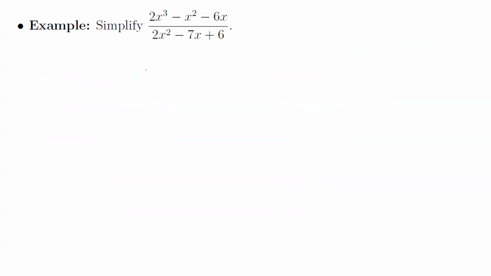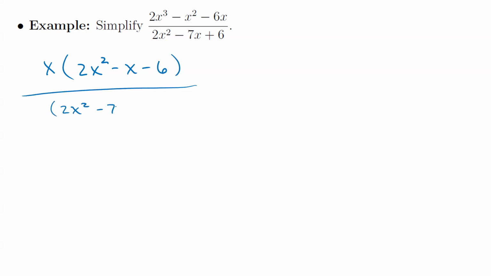Okay, so I can see that on top, I can do a little bit of easy factoring. I could pull an x out of everything. Now on both the top and bottom, I have quadratics that might not be the easiest to factor.